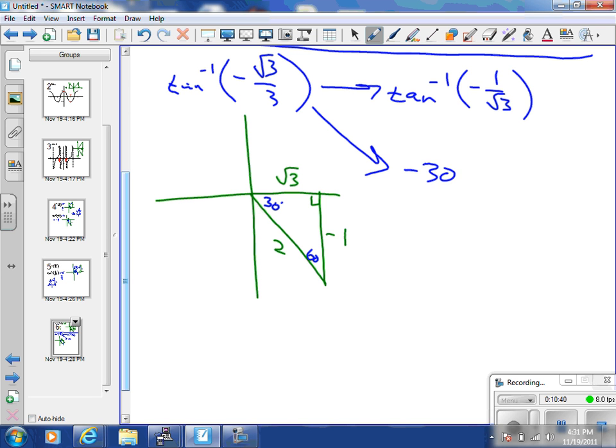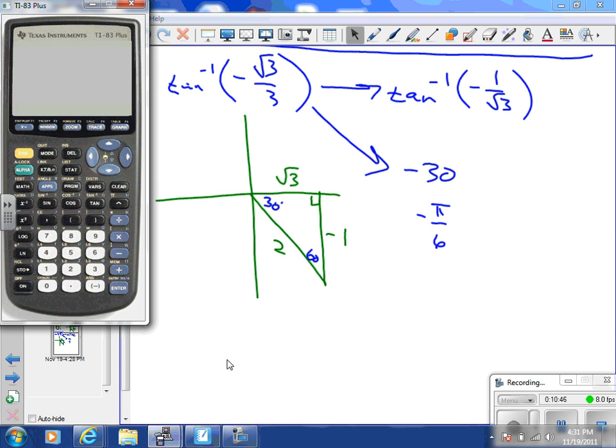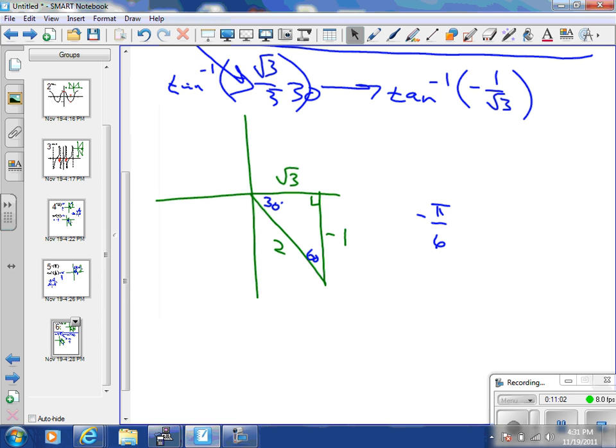So the answer to this has to be negative 30 degrees or negative pi over 6 radians. And we'll demonstrate that that is true. So tangent inverse of, let's type it in the way it originally looked, negative square root of 3 divided by 3. And we get negative 30, just like we said. Whoops, didn't mean for that to happen, sorry. One in a circle, there we go.